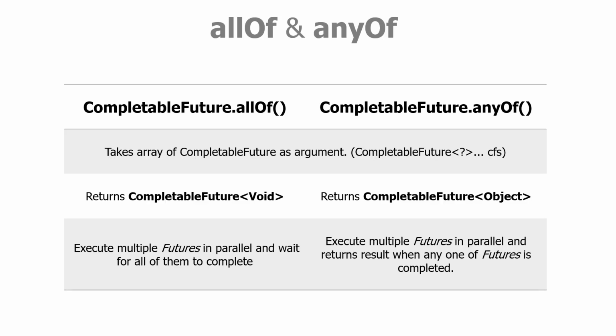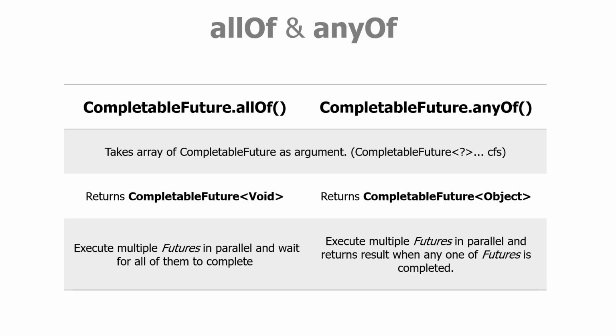Those 4 services may be sending you the same response, but you don't know which one is working, so you are calling all 4 of them. And as soon as you receive the first response, you want to complete your code. So for that you can use anyOf.